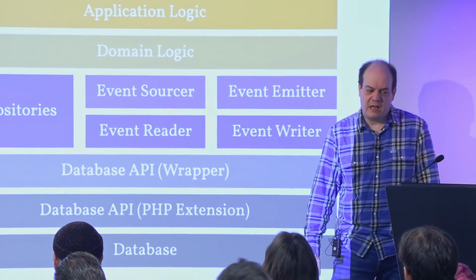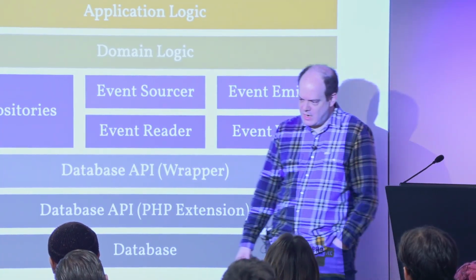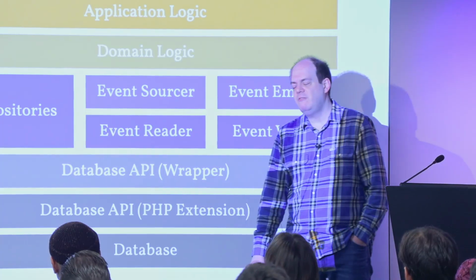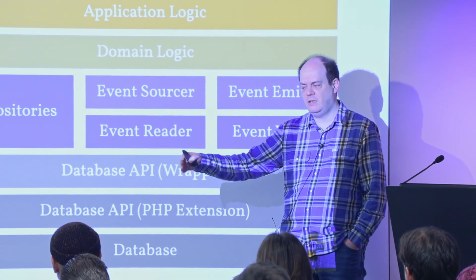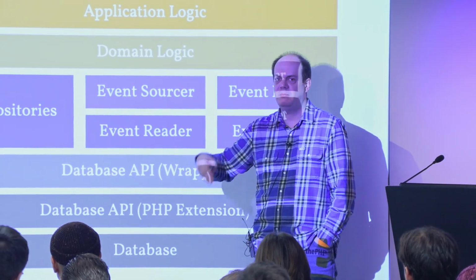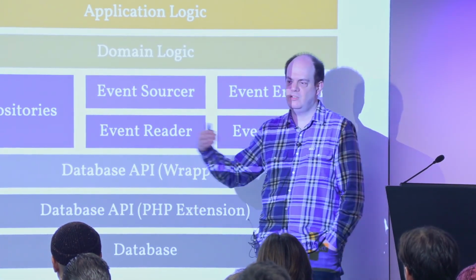I can write larger integration tests when I'm interested in verifying that my infrastructure works correctly, that my repositories work, that my event system works, that my persistence layer works.